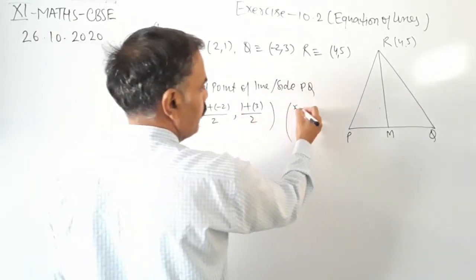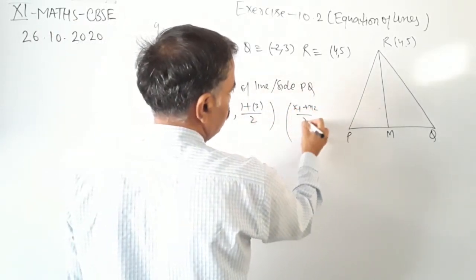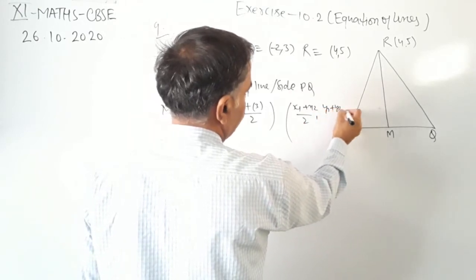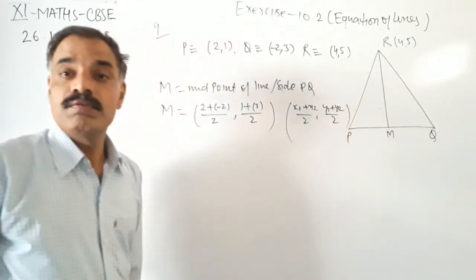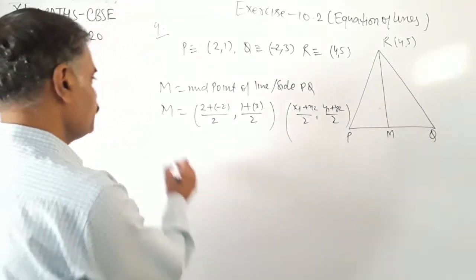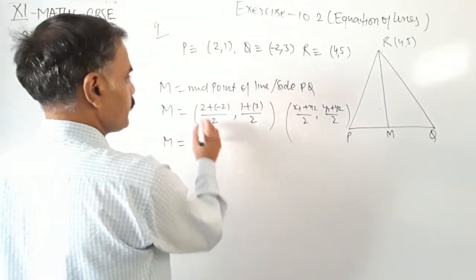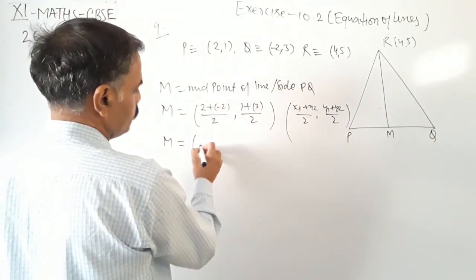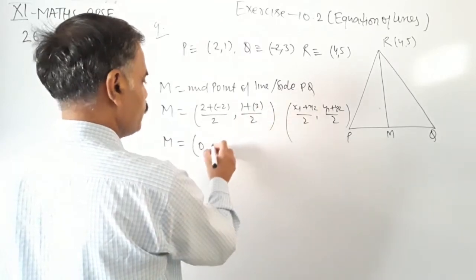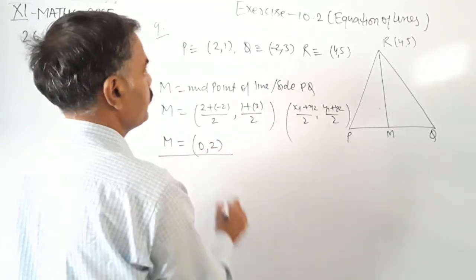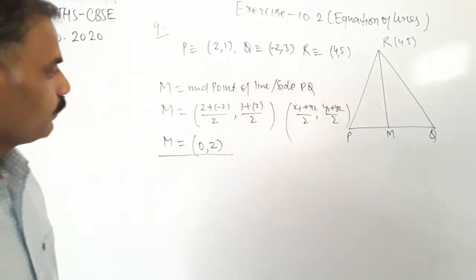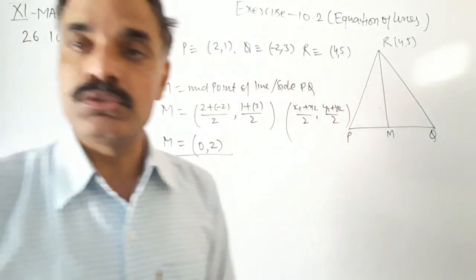Using the formula (x1 plus x2) upon 2 and (y1 plus y2) upon 2, the midpoint is (2 minus 2) upon 2, that is 0, and (1 plus 3) upon 2, that is 2. So the coordinates of M are (0, 2).